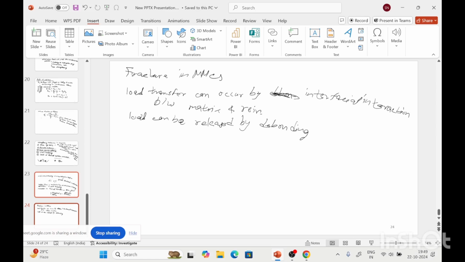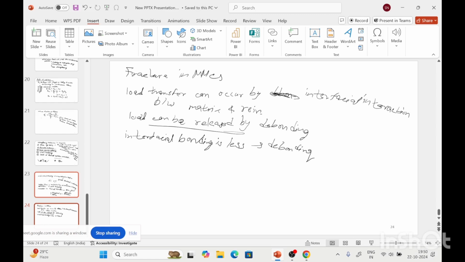So the interfacial bonding relates to the fracture mechanism in the metal matrix composite. If interfacial bonding is less, the cracks are small, so that leads to debonding.